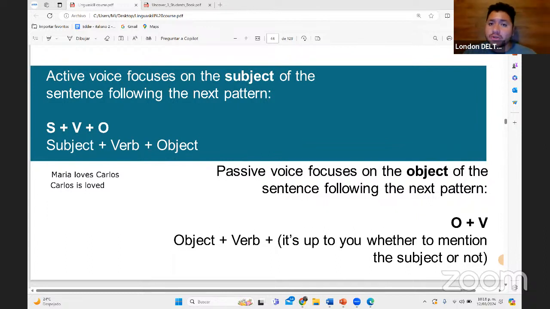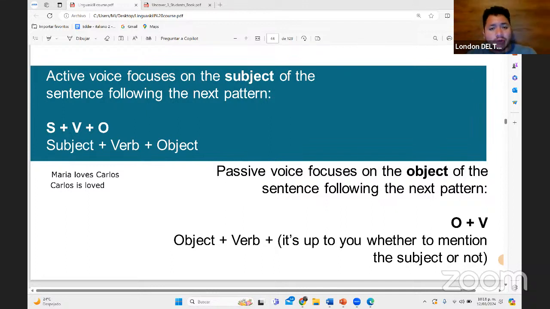Cuerpos fueron encontrados. ¿Me importa quién encontró los cuerpos? Maybe not. But I just want to focus on the event itself. Me quiero enfocar en el evento en sí mismo o en lo que pasó en sí mismo. So who did it is not important. Sometimes the subject is unknown. A veces el sujeto es desconocido.